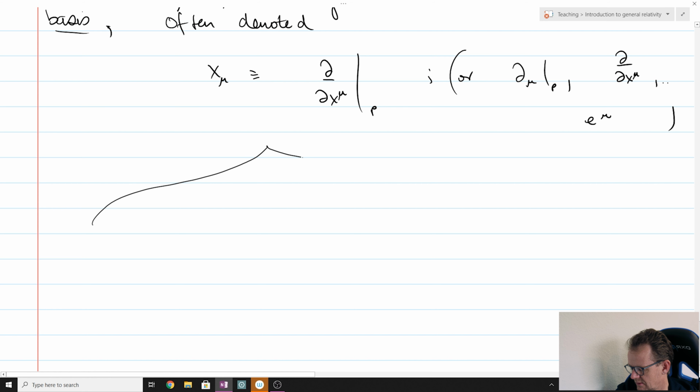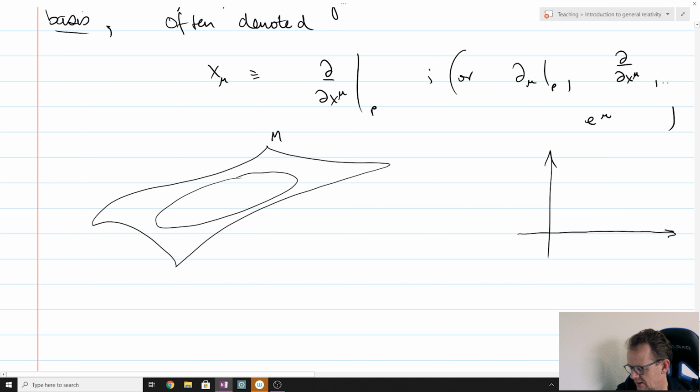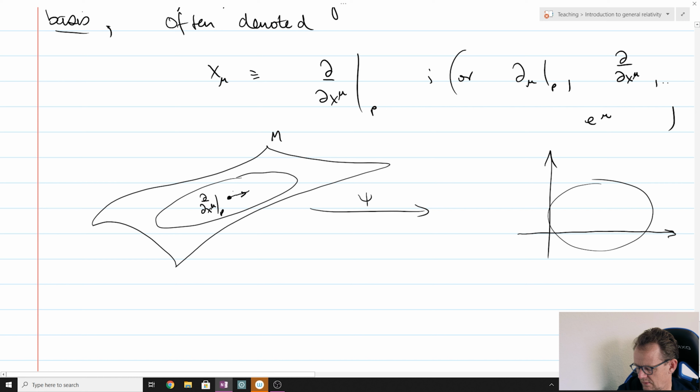Now I'd just like to draw a little picture. Here's my cartoon of M again, of this basis. What does it look like? Or what are you meant to think? So here's M, here's d dx mu at p, and you really are meant to think of it as a vector tangent to M. Of course, you can't say the words tangent to M without thinking of there being an ambient space, but you think of at each point p there's one of these d dx mu thingies, and under this coordinate chart psi, this vector operator at p becomes literally the vector operator that goes in the corresponding coordinate direction in Rn.